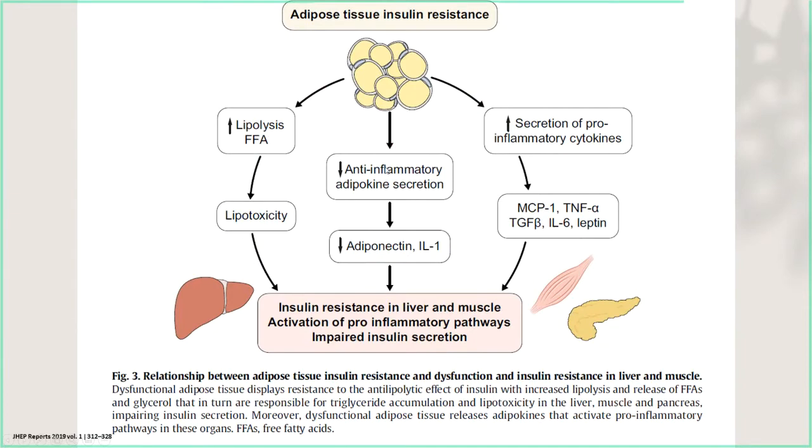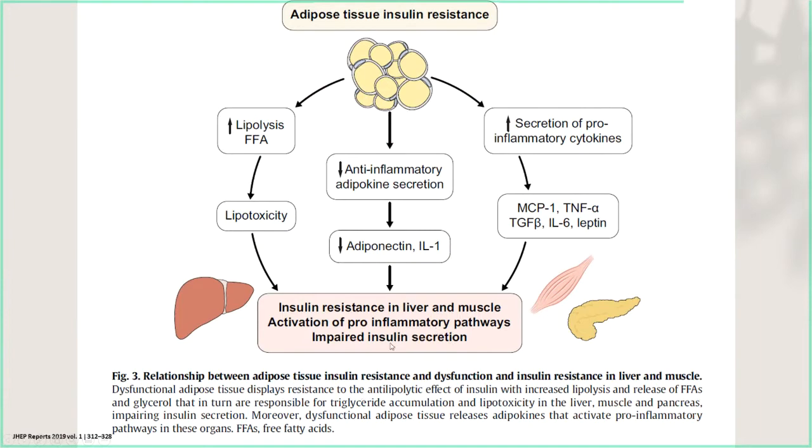There is also a decrease in anti-inflammatory adipokines, adiponectin, which then causes insulin resistance in the liver. There's an increase in pro-inflammatory cytokines from the adipose tissue, and also a number of these factors in turn will cause insulin resistance at the level of the liver.